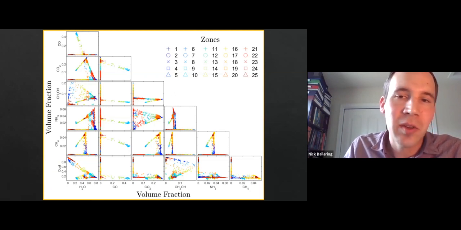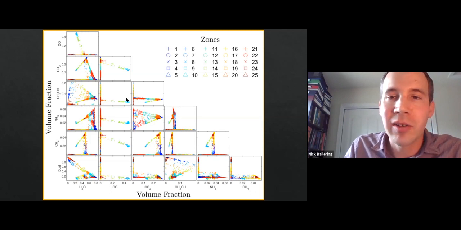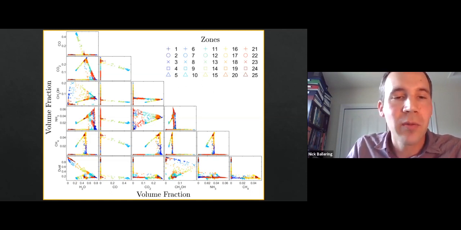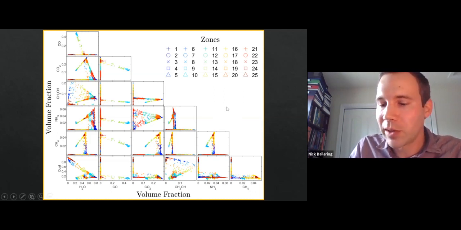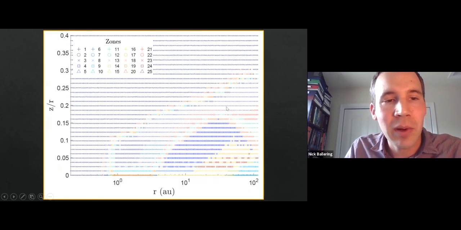And that lets us reduce the problem from having hundreds of different opacities that we need to compute to having, in this case, 25, although actually it's double this because we do this process both for the small grain population and for the large grain population. So that's a trick we use to simplify the radiative transfer problem.